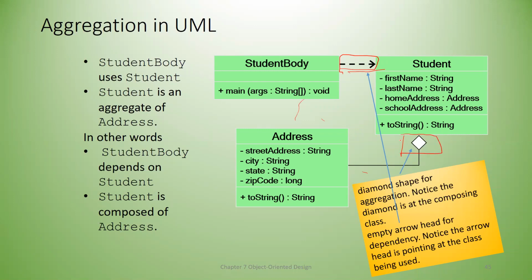This points to the class that has this class as its instance fields. So this is here, not here, not here. So this means student is an aggregate of address. Very important to remember. That's the UML. You remember we discussed UML, right? So I explained it here. You can look at that.